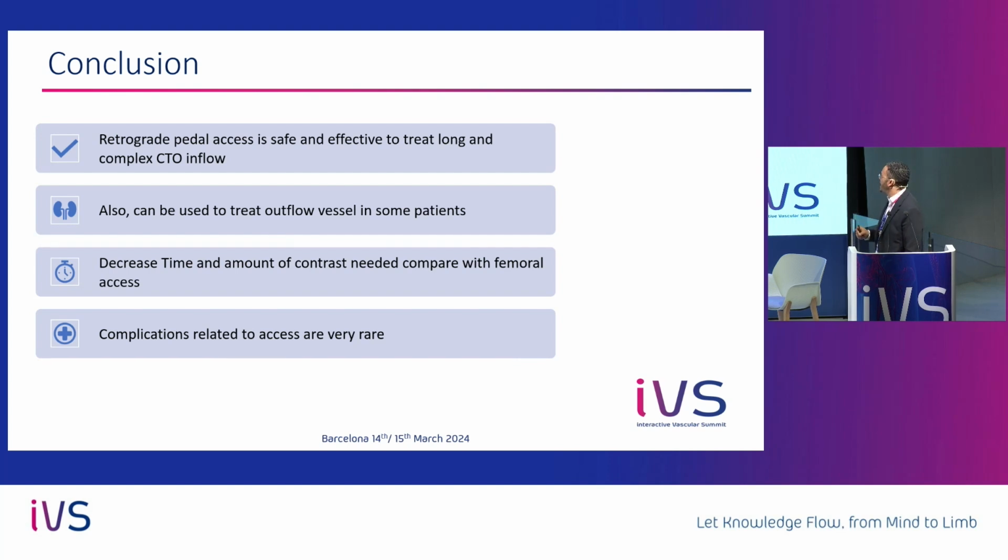It decreases the amount of contrast needed compared with femoral access, and complications related to access are very rare. And the most important thing is the low profile of the vascular products that can be accessed through a 3 mm vessel, and you can also treat iliac disease in some selected patients. Thank you very much.